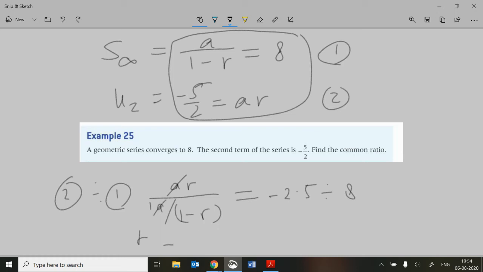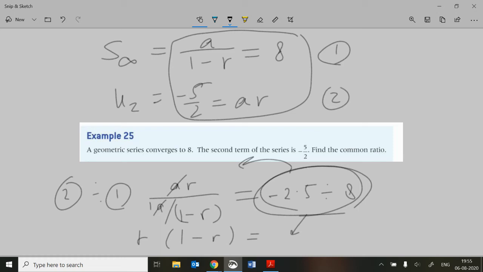You'll end up with 1 minus R. Maybe there was a neater way of doing that, I don't know. And likewise, you can work this one out as well. And then it looks like you've got a quadratic which you can solve. So expand the left-hand side, create a 0 by taking this thing to the other side, and then you can solve a quadratic. Okay, that's one way of doing it.